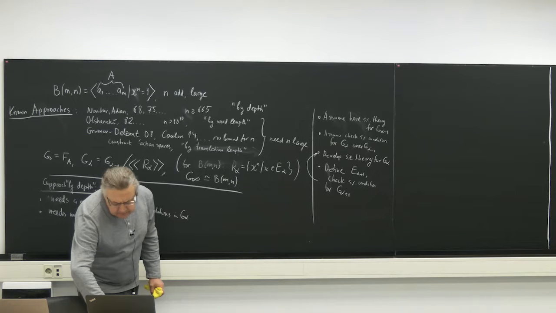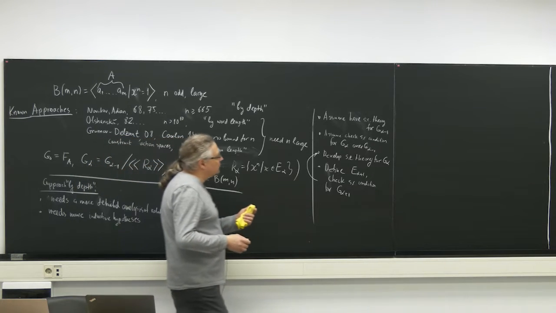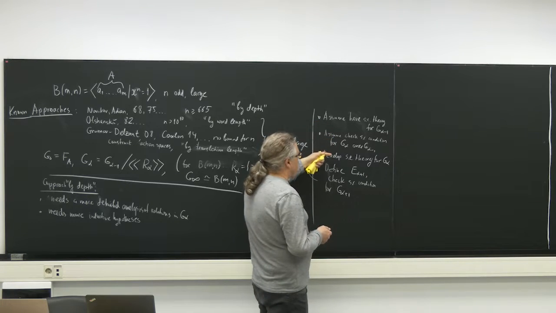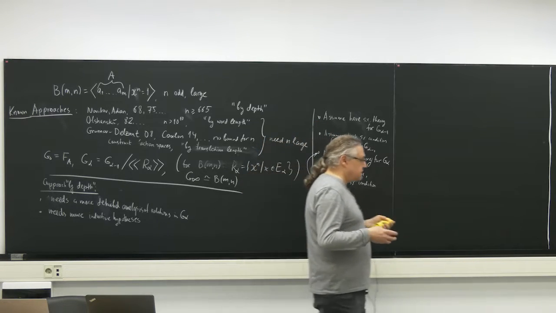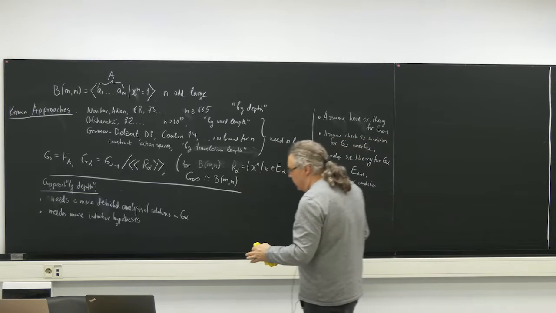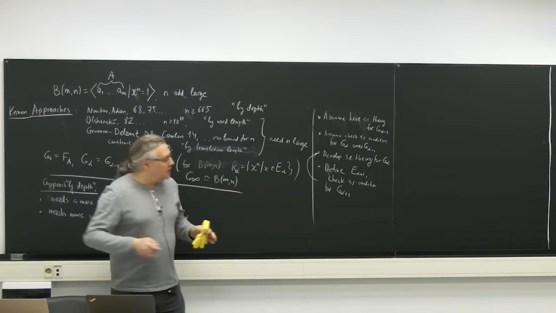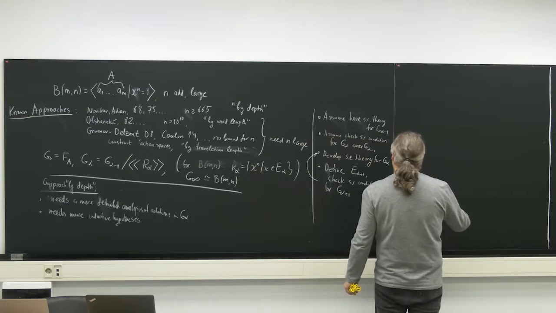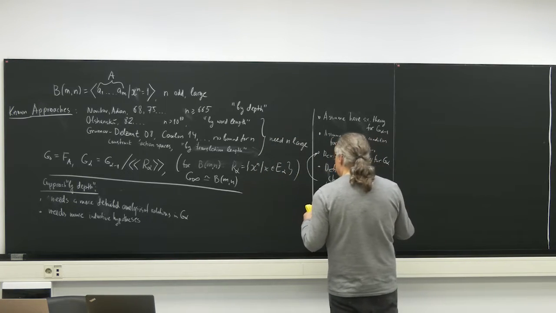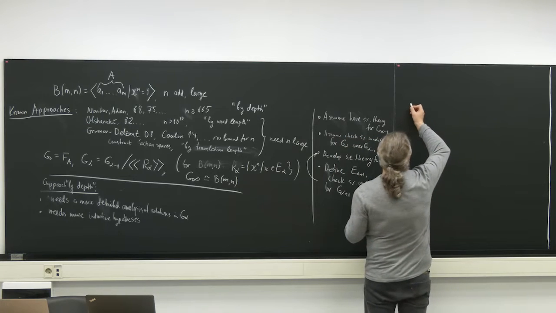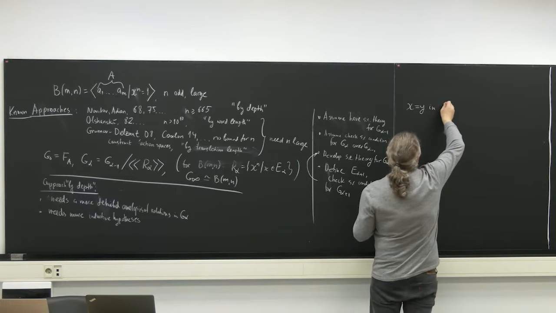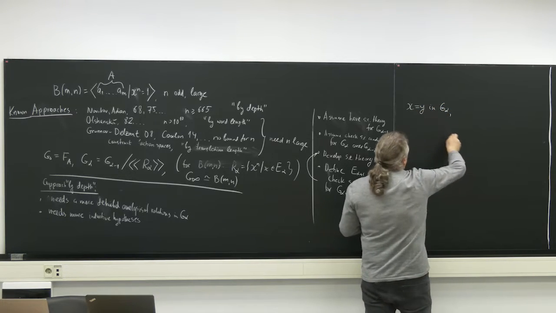And so I formulated some consequences of the small cancellation theory. One was this generalized end property, but there are several more which are essential, and one of the most essential is an analysis of relations of the form x equals y in G alpha, where x and y are reduced.